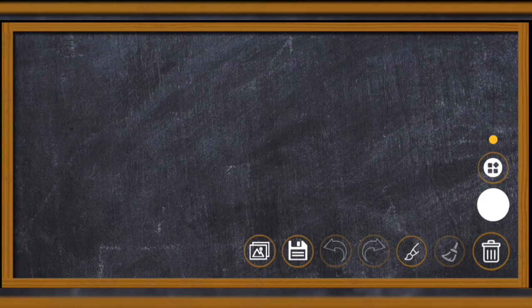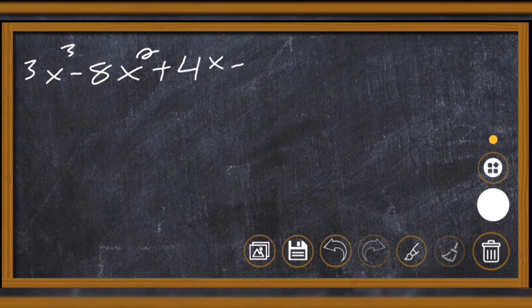So let's say you have 3x raised to power 3, and then you also have negative 8x squared, and then positive 4x, and then negative 5.